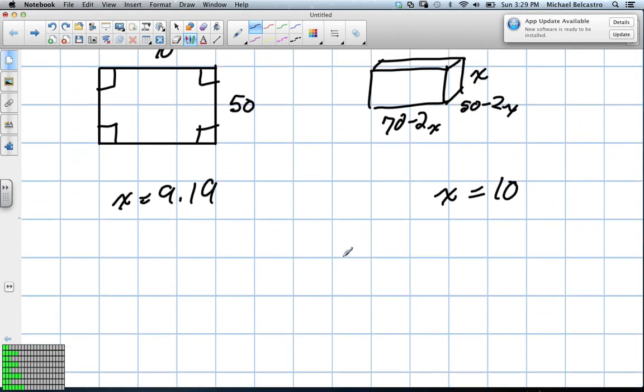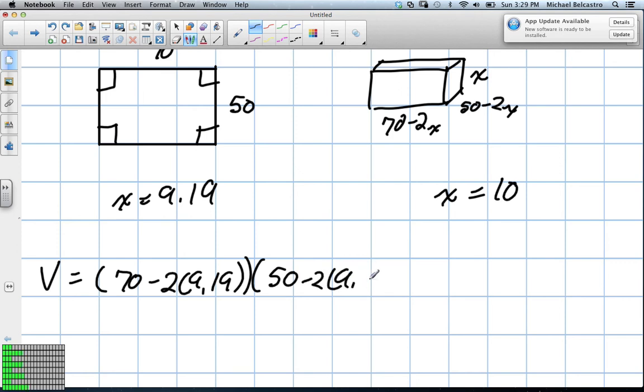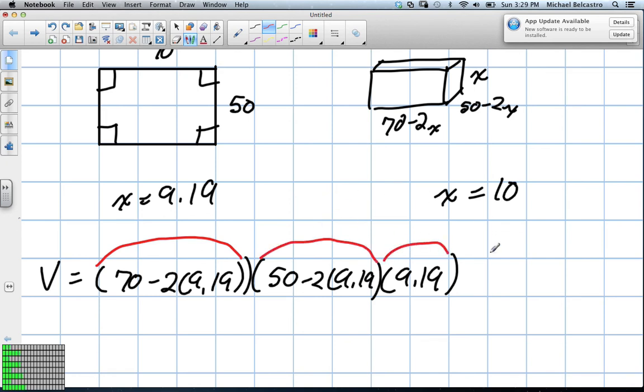So, if this is the case, our volume is equal to the length being 70 minus 2 times 9.19, times 50 minus 2 times 9.19, and then all times 9.19. Okay? Does this make sense? Yeah. These are the three measurements, right? Here's one of them, here's the other, and this was the height. So we'll quickly try to work this out on a calculator.